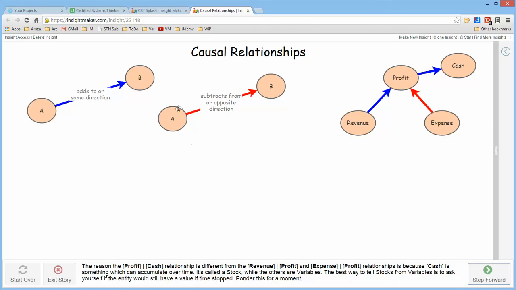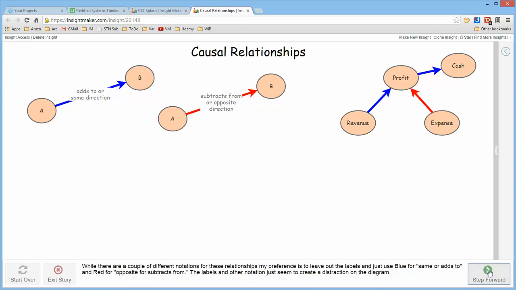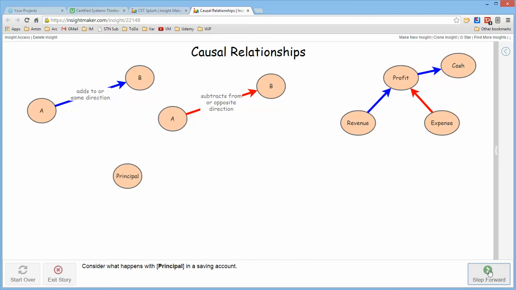Now, if we simply take these two relationships, you can combine them in two different ways to make more complex structures. Think about what happens with the principal in a savings account. After some delay, it creates interest. Not nearly as much interest as we would like with the interest rates these days.